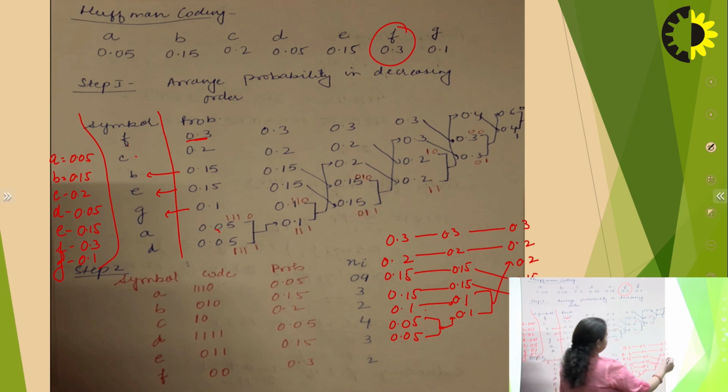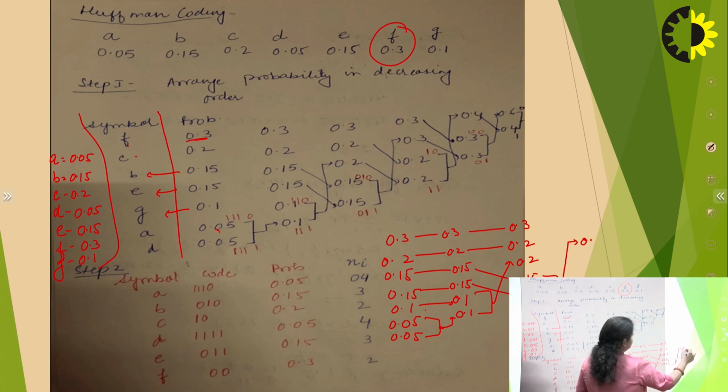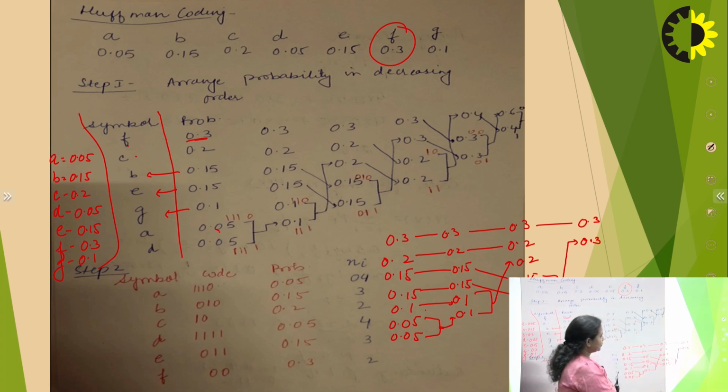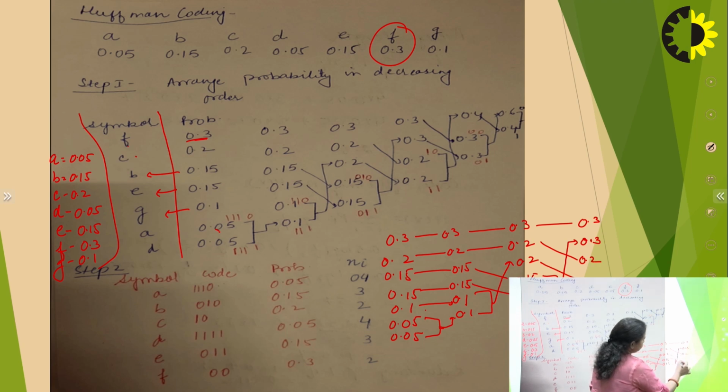Then I am doing the addition of this. So it is 0.3. So it is written here, and this 0.3 here. Then this 0.2 here, this 0.2 here, right? Same. Then last two probability will be added. The addition is 0.4.